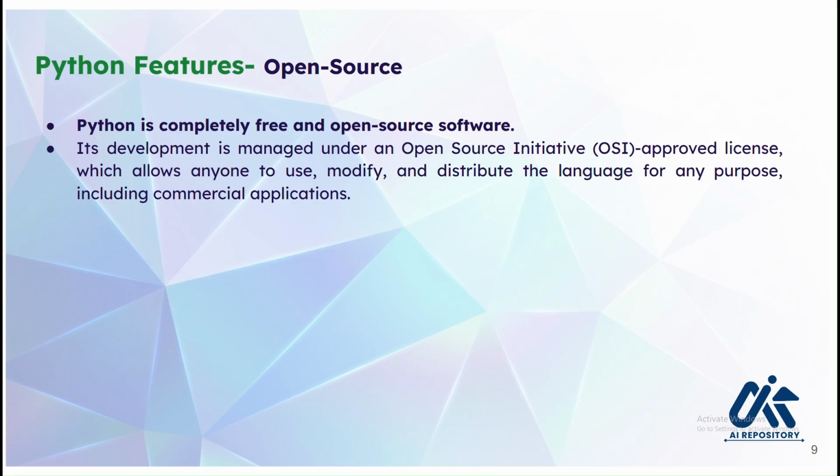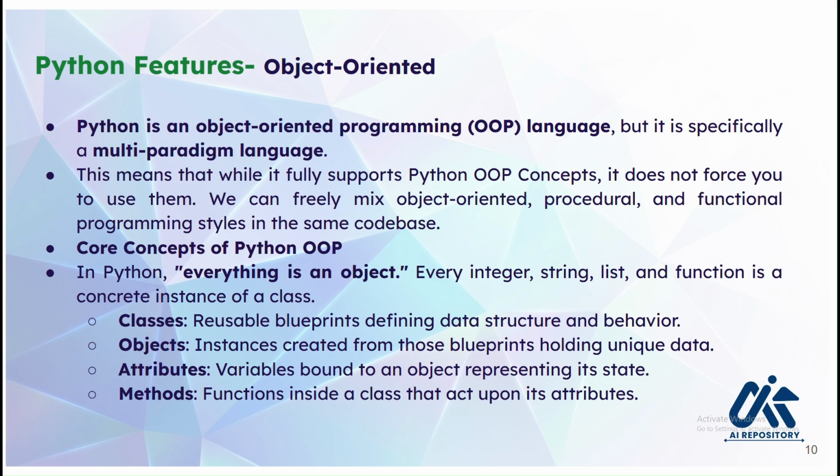For that, I can get the code from the internet, modify that portion, and distribute the updated code online. And that code can be used for any purposes, even for commercial applications. This can be beneficial for developers all around the globe.